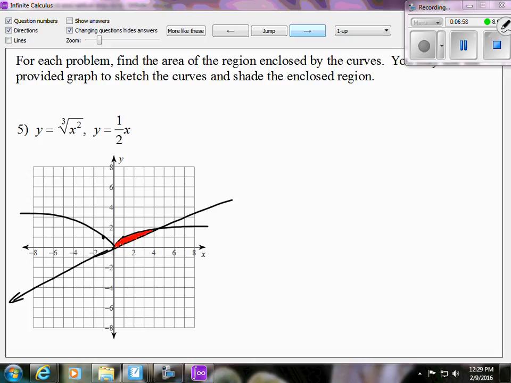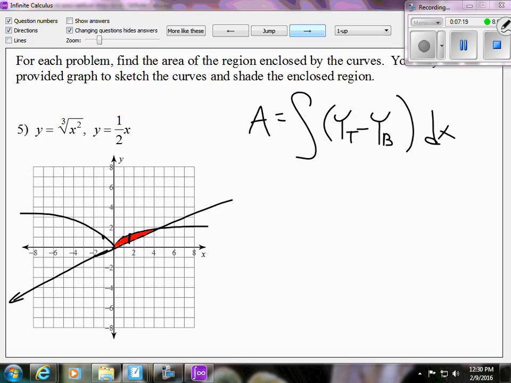So the way we get area is we always use rectangles. I mean, that won't change. Area is the sum of height times width. And if you're using vertical strips, which we will, you need y top minus y bottom. I'm just writing that here for you.